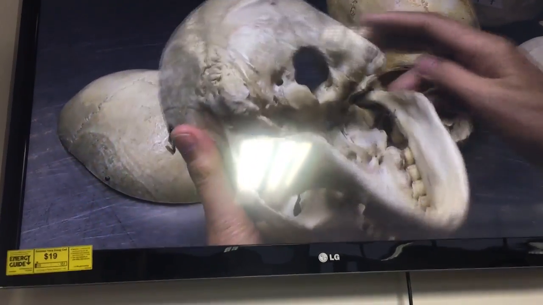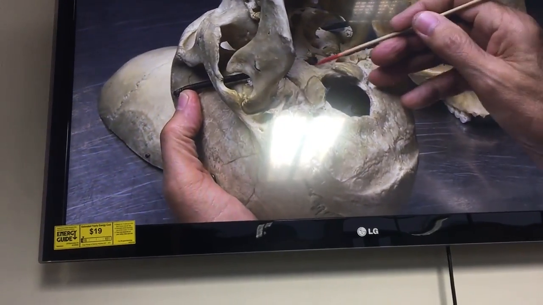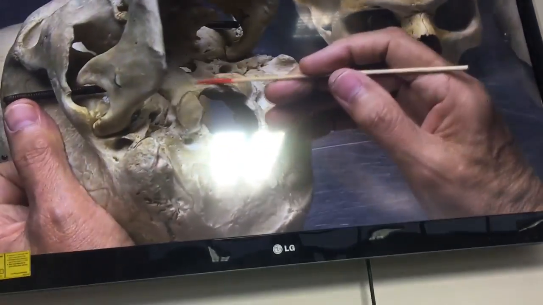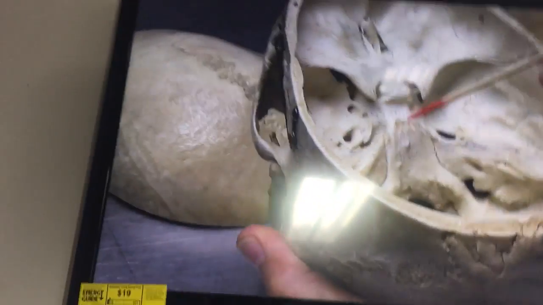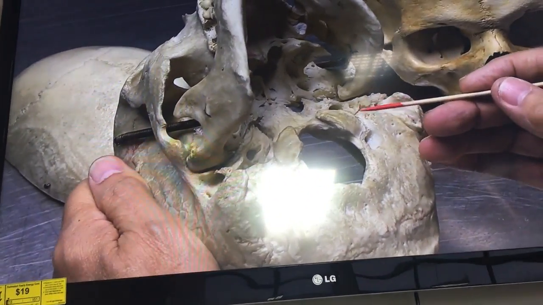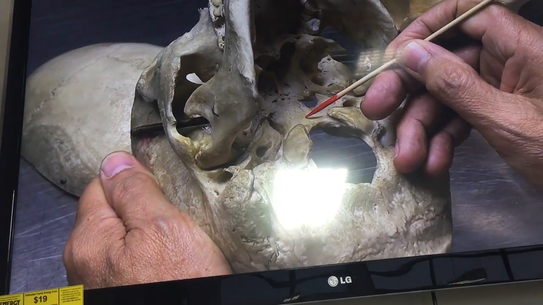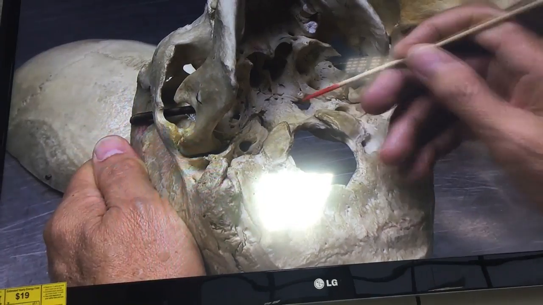There's the pars basilaris right here, also called the basi-occiput, that goes up and joins with a part from the sphenoid, which is called the basisphenoid, and together with the basi-occiput, the basisphenoid, and the dorsum sellae, we call that the clivus. The only thing you've met on the pars basilaris before is the pharyngeal tubercle, which is right at this point. We saw that when we did digestive, right here, the pharyngeal tubercle.